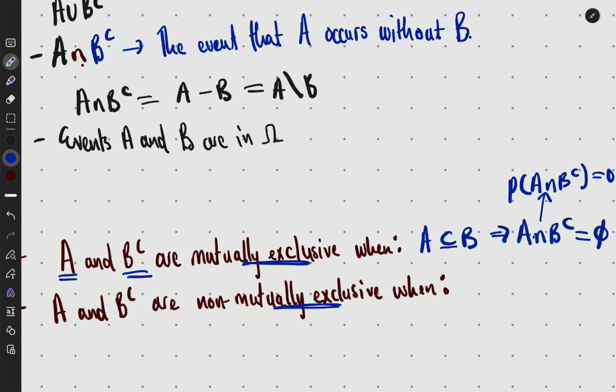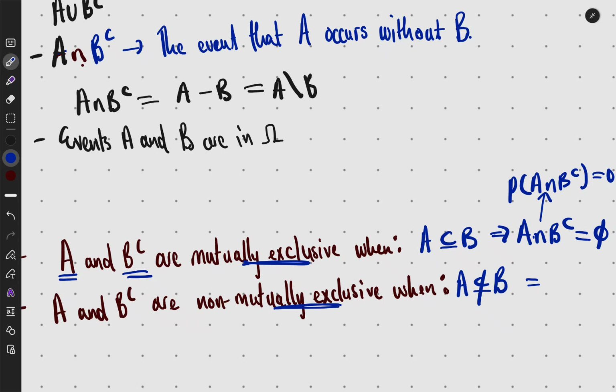It means you can find things that are in A and not in B, and that means that A is not a subset of B. And that means that you will not have A intersection B be 0. It will be equal to something but not 0.